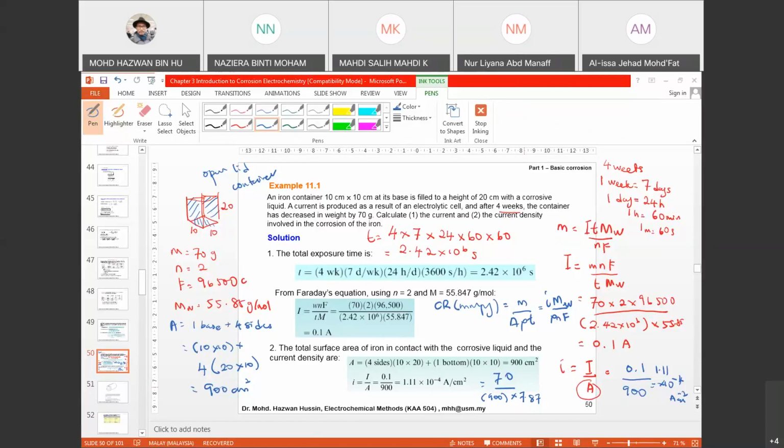Nine times 10 power of. How much area? Sorry? How much area? Area, the same area that we are using, 900.